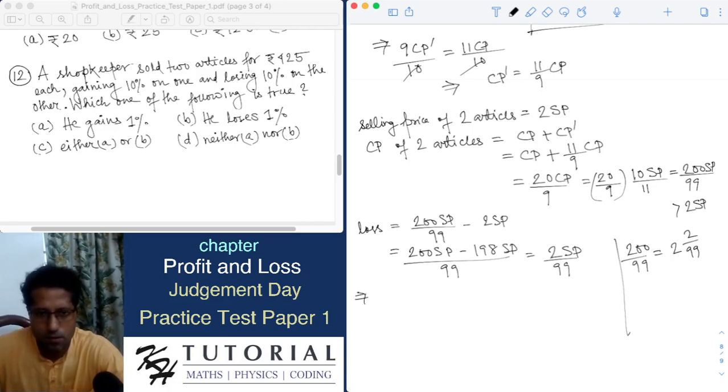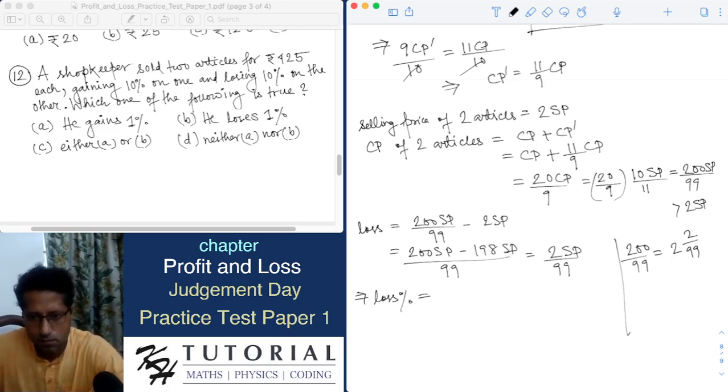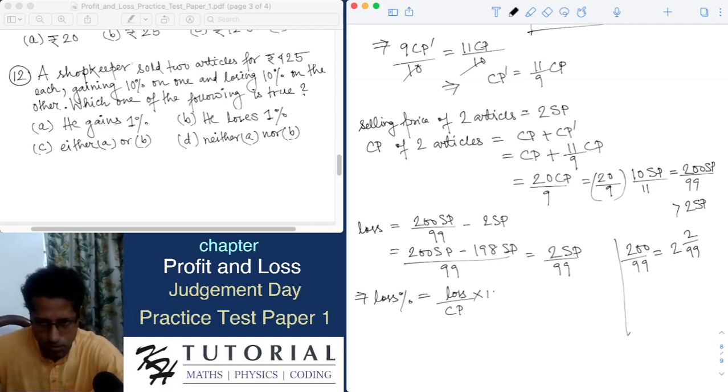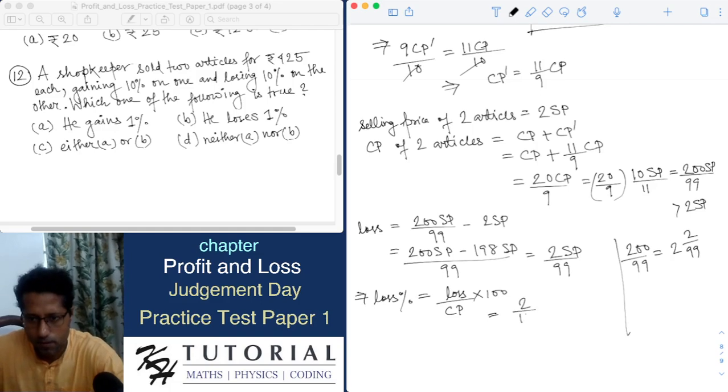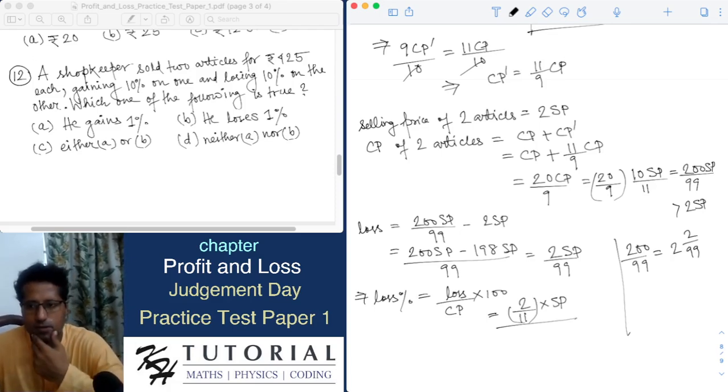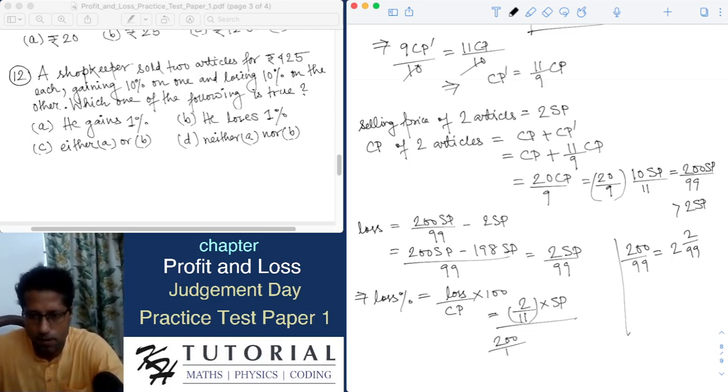This implies loss percent is loss by cost price into 100. Now the cost price of two articles is 200 by 99 into SP, multiplied by 100.